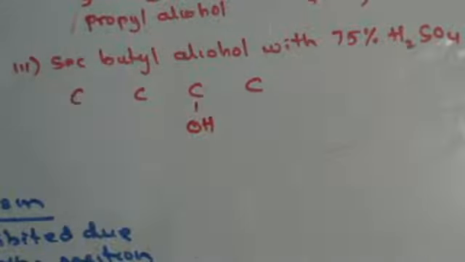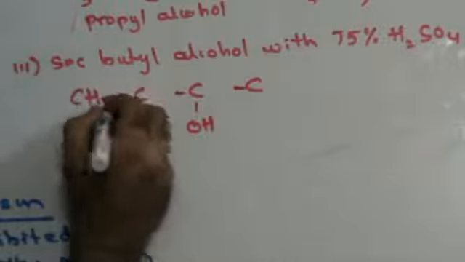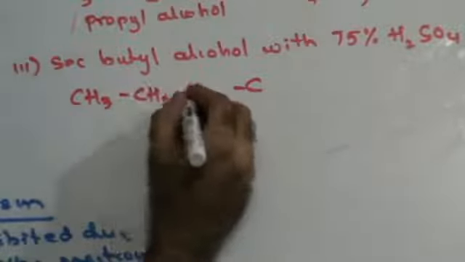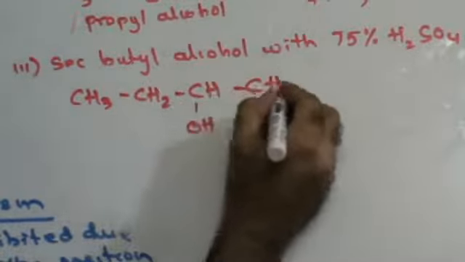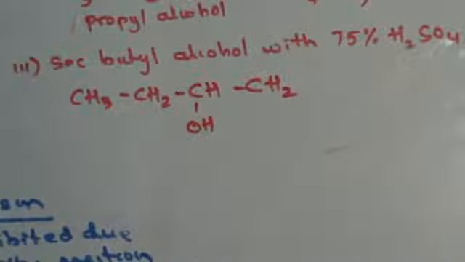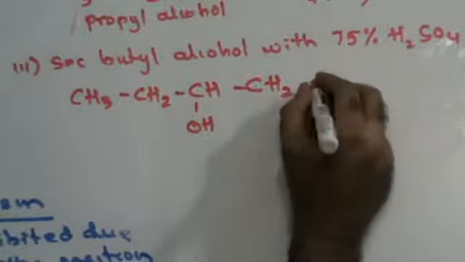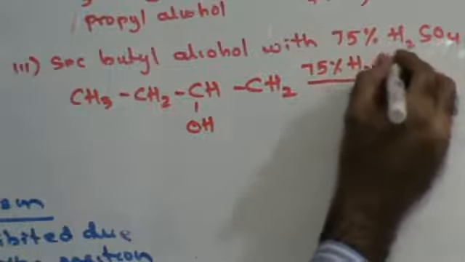Alcohol means OH, so OH is attached to the second carbon atom. Now do your bonding: H3, 2, 1, 2, 3, H, H2. This is my sec butyl alcohol, which reacts with 75% sulfuric acid.